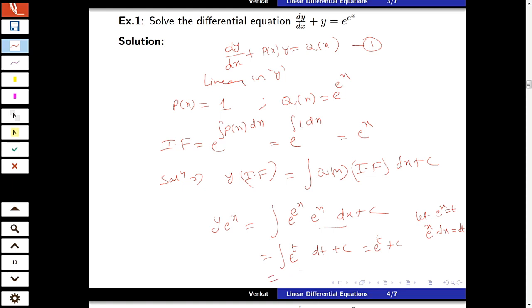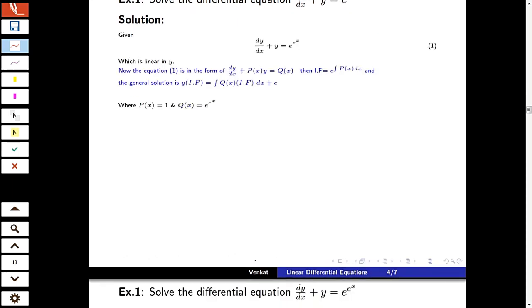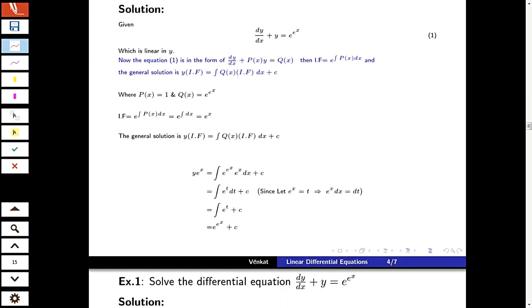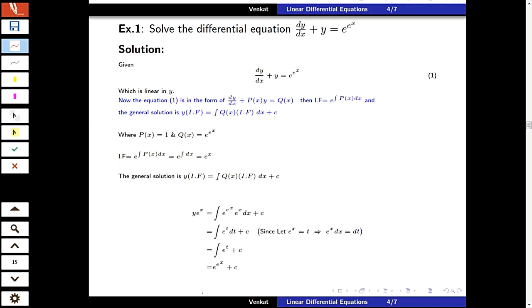We replace it with e power x plus c, which is the required solution for the differential equation. Finally, you can keep y on one side and take the remaining e power x to the right hand side. Finally, we got y into e power x.